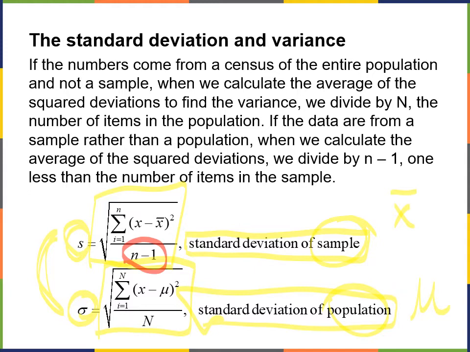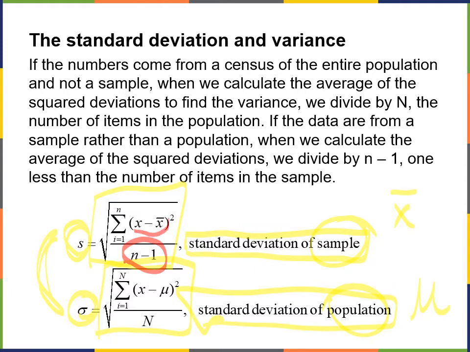When we divide, we don't divide by the total number of data values. We divide by the total number of data values minus 1. So it's n minus 1 instead of just n. Now, there's a reason for that, but there is a difference in the formulas. Other than that, it's really the same thing.